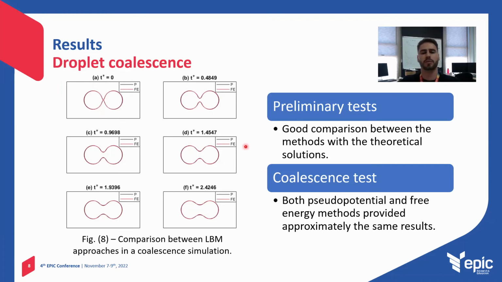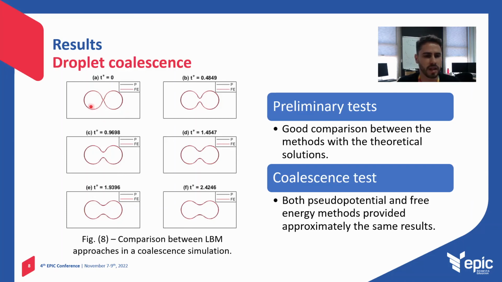Then, after the preliminary tests, we did the simulation of the coalescence of two droplets using both approaches. In these snapshots at different moments of time, the black line means the pseudo-potential method, and the red line means the free energy method. We can see that both lines are very close to each other, so it's difficult to distinguish one from the other.